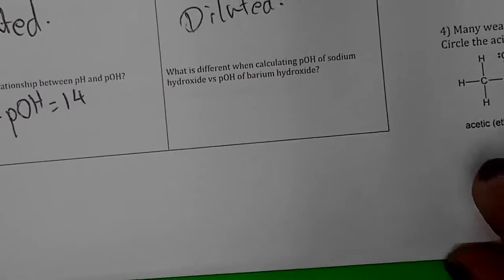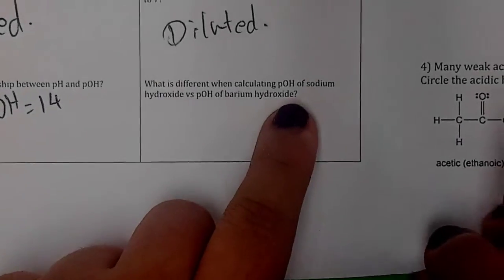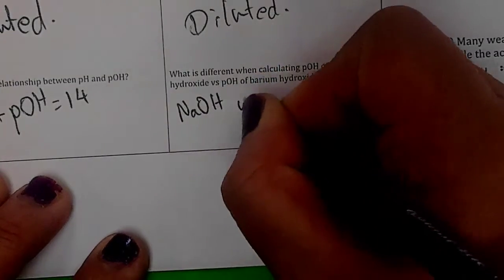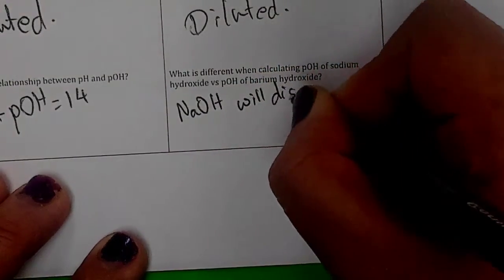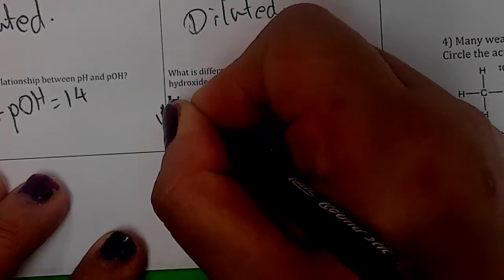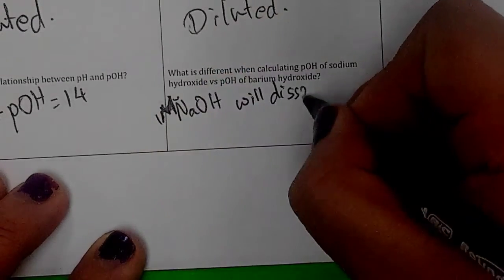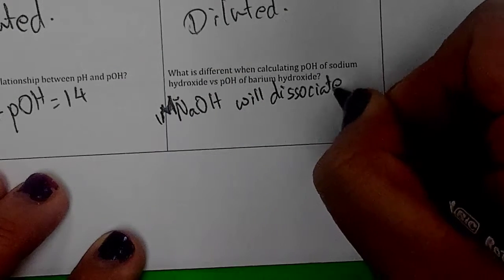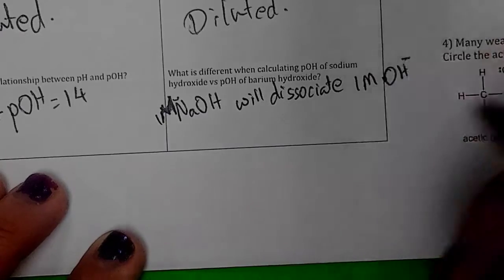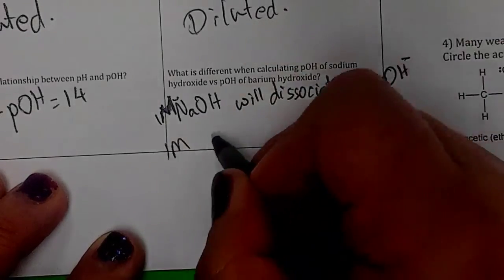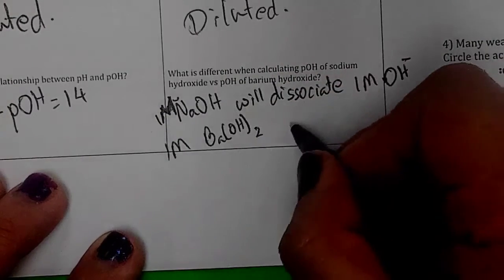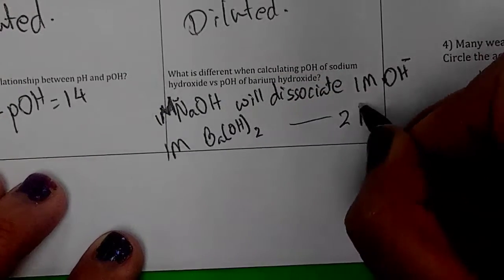You have to remember that it is 2 OH. So 1 molarity of NaOH will dissociate into 1 molarity of OH minus, but 1 molarity of Ba(OH)2 dissociates into 2 molarity of OH minus.